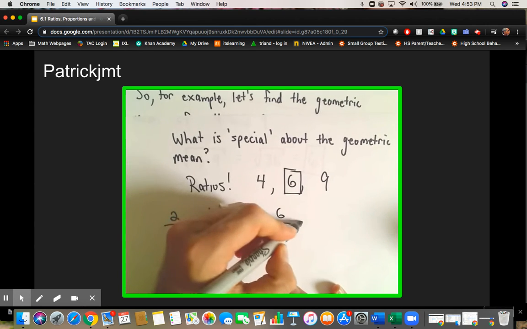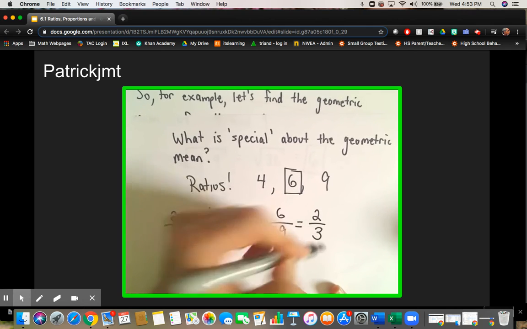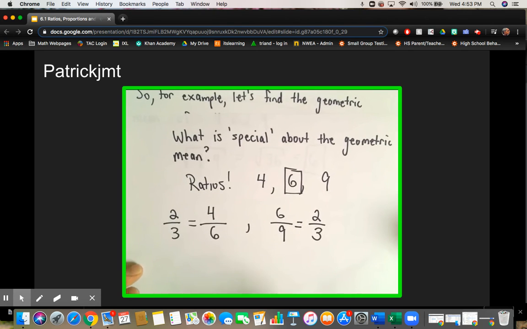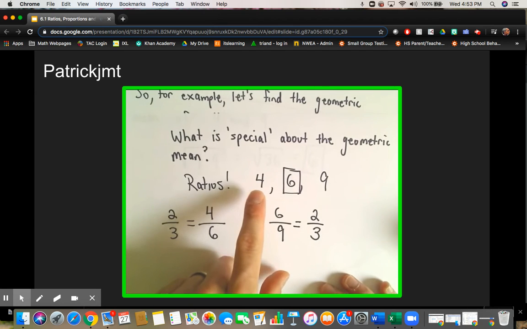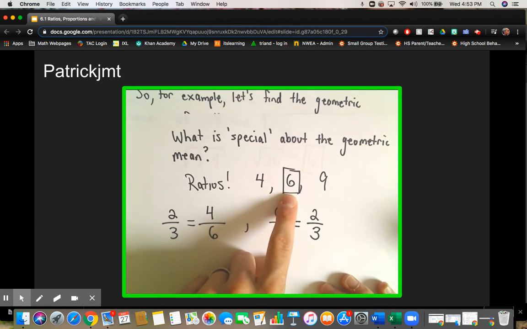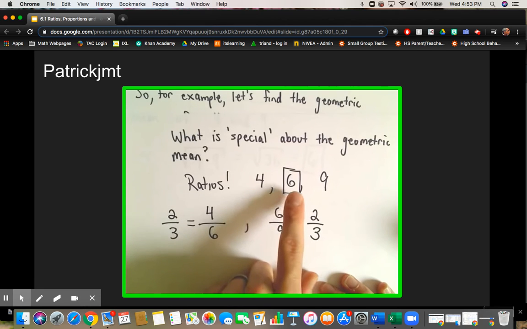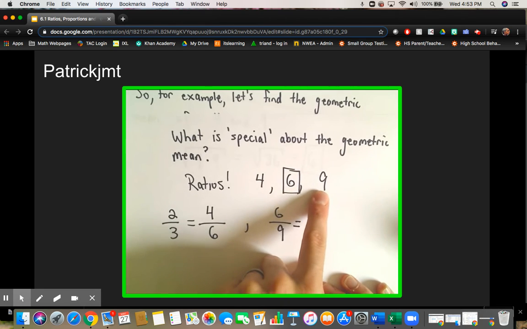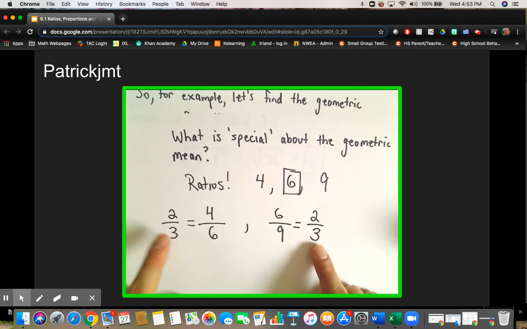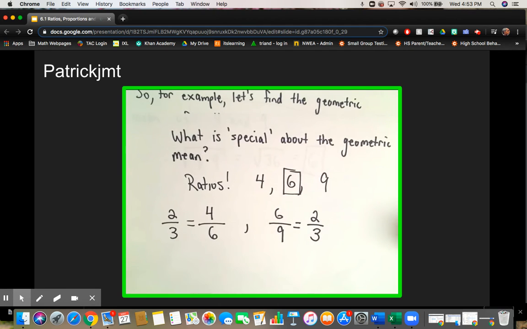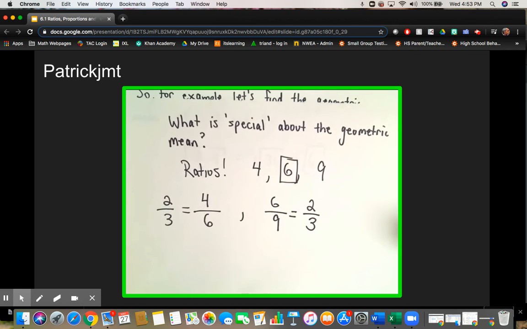Hey, 6 over 9 also reduces to 2/3. So this is what's special about the geometric mean. If you take the ratio of the small number to the geometric mean, and then the ratio of the geometric mean to the larger number, those ratios or those fractions are going to be the same. Okay, so that's how you can think about the geometric mean. Somehow it's giving equal ratios of those two values.